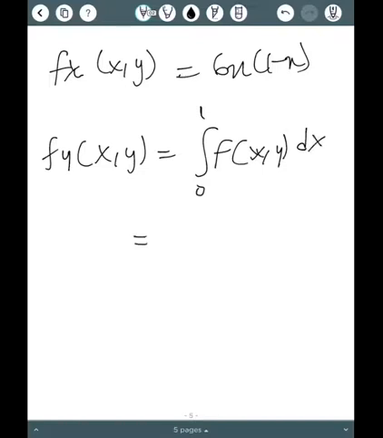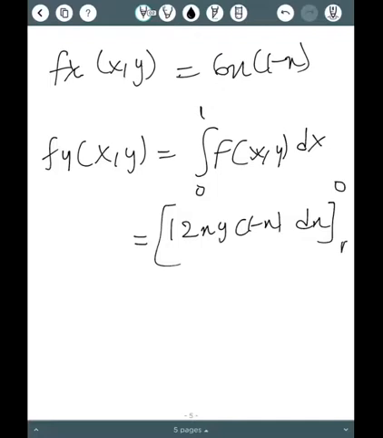So this will be 12y. Okay, so if I integrate this, this will be 12xy(1 - x), dx से आपको इंटीग्रेट करना है, ठीक है, 0 और 1 के बीच में.